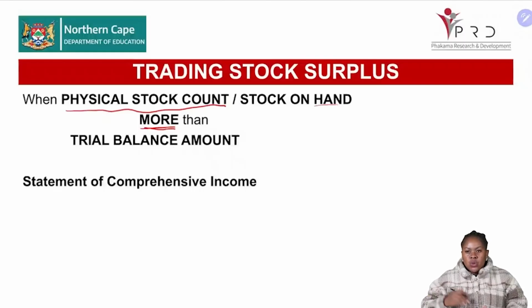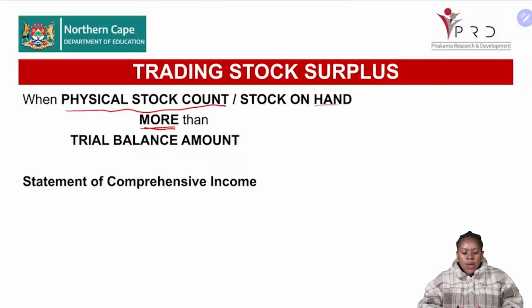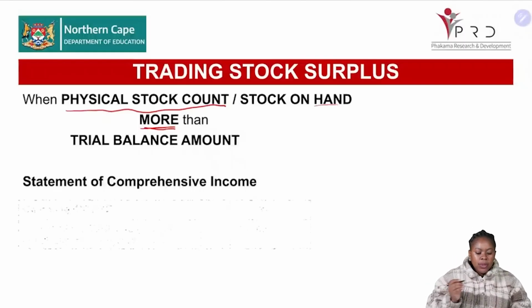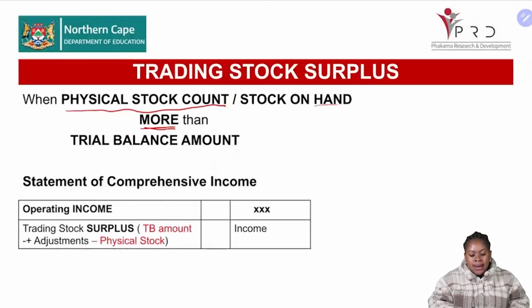But when you went into the storeroom and you actually did a physical count, you counted the stock 1, 2, 3, 4, 5, and you discovered that the stock is actually worth 120. So the amount of physical stock is more than what we have recorded. So then how do we account for that extra 20? That extra 20 is an income that we are receiving now in our business because we have more than we actually had recorded.